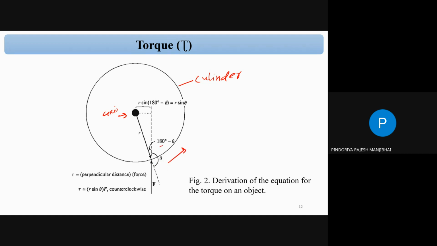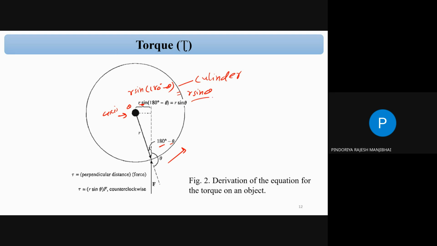There is also 180 degrees minus theta, where theta may be 30 degrees, 40 degrees, or 180 degrees. So r sine of 180 degrees minus theta is equal to r sine theta.